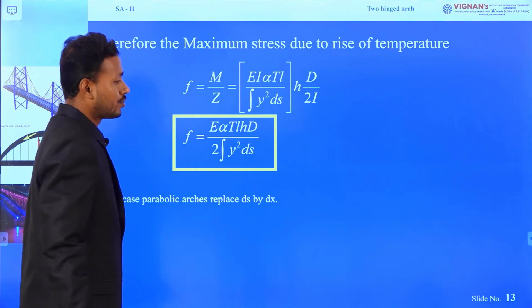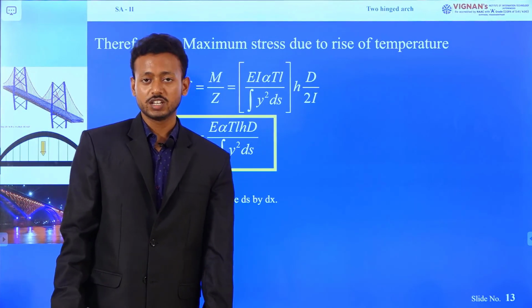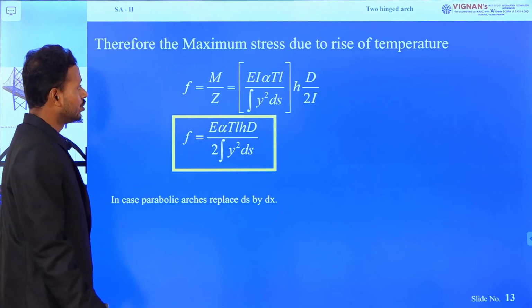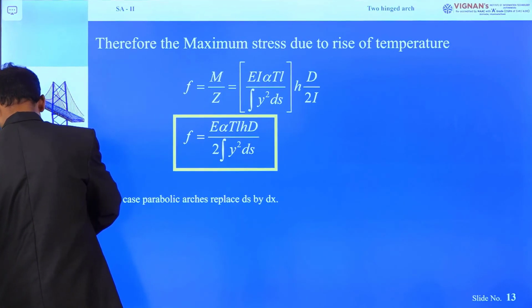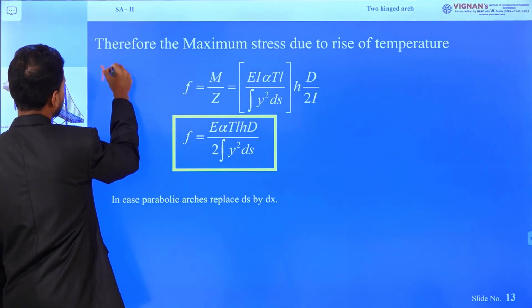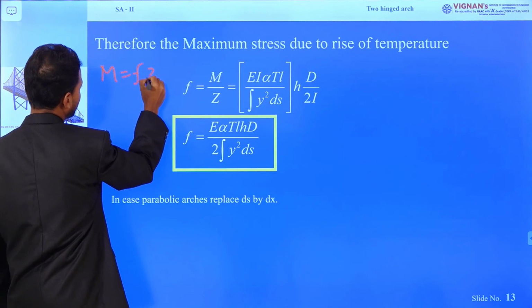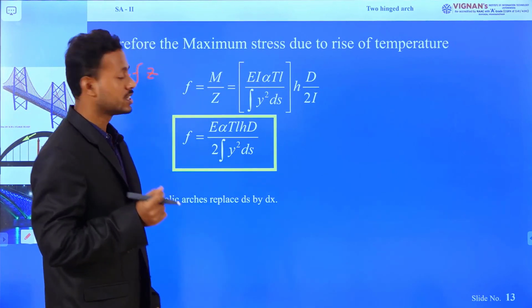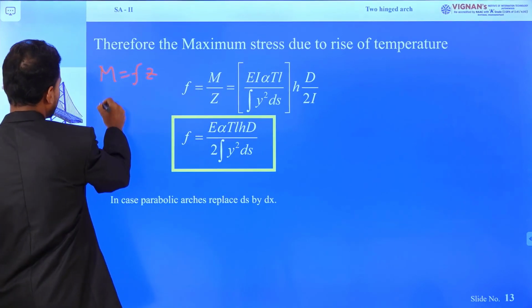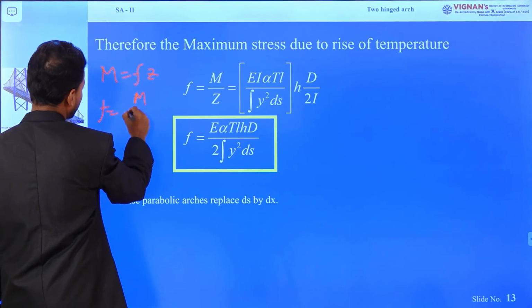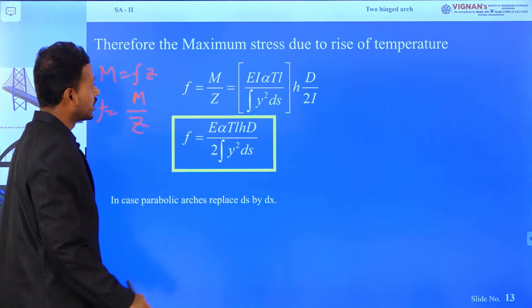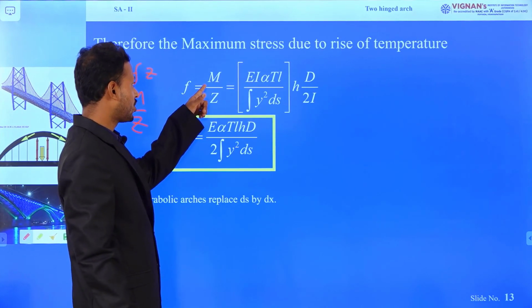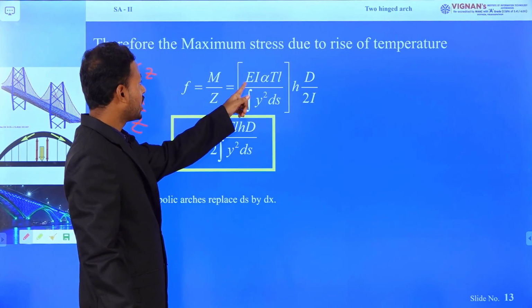Now, from the bending equation, bending stress, we know the expression M equals to F into Z. From the theory of bending, we have already learned. Therefore, F equals to M by Z. We have determined the M from the previous slide and we will put the value.